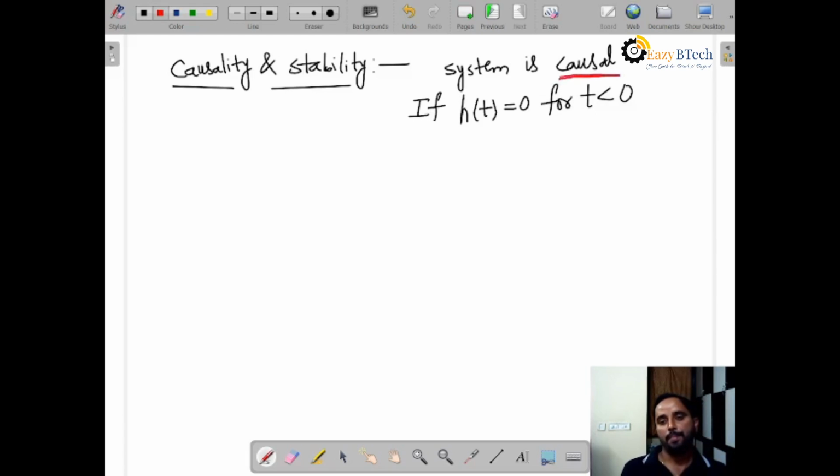Now stability. What is the stability condition?